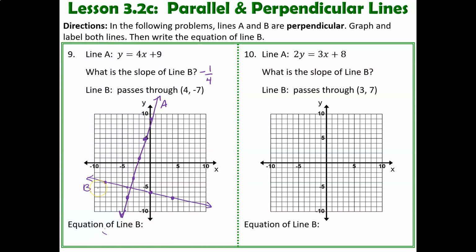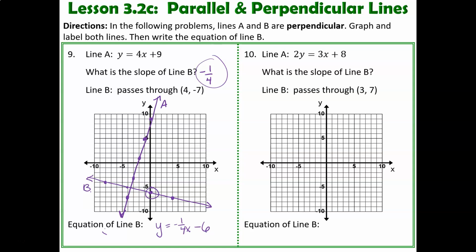So this is B. This time we don't need to plug in that point because we can see that the line intersects at negative 6, and we know the slope is negative 1/4. So y equals negative 1/4 x minus 6 is your new equation.